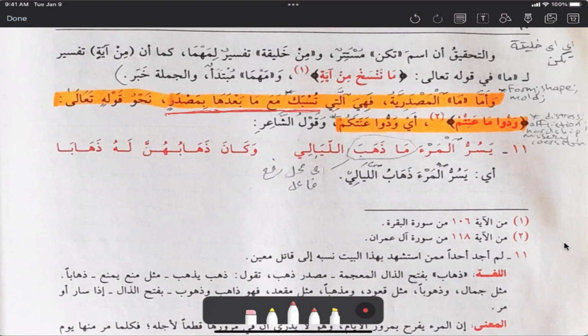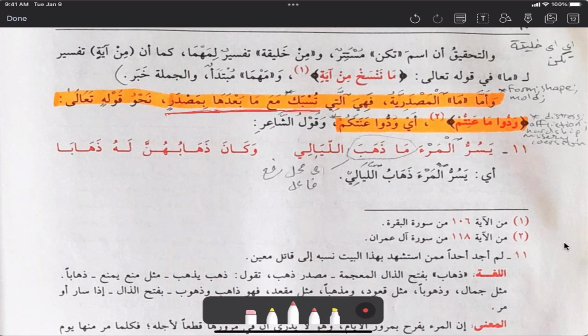Like the saying of Allah ta'ala, وَدُّوا مَا عَنِتُّمْ, meaning وَدُّوا عَنَتَكُمْ. So, waddu ma anittum, it means waddu, they loved, those kuffar, they loved ma anittum.